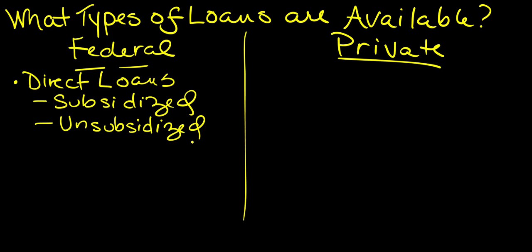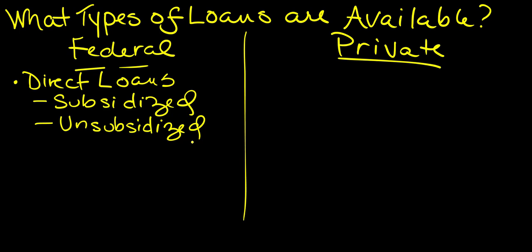So subsidizing your education means they're offsetting some of the cost. So subsidized loans are available only to undergraduate students who demonstrate that they have some financial need. And the amount is capped just to cover your financial need, and that's determined by your FAFSA that we talked about in the last video.